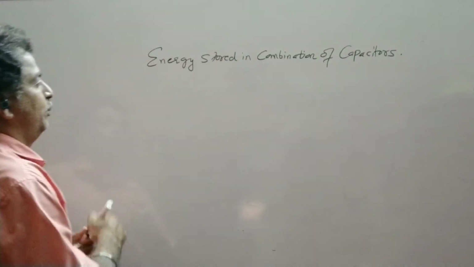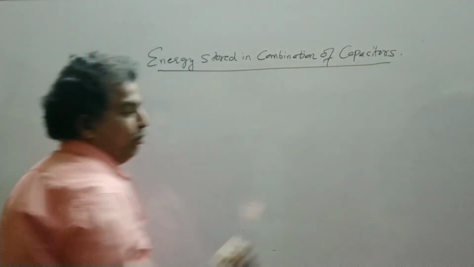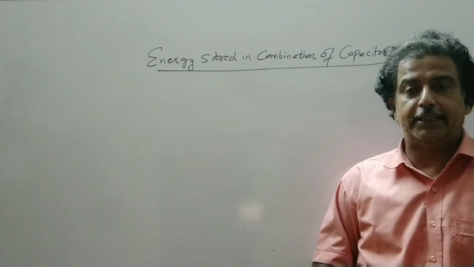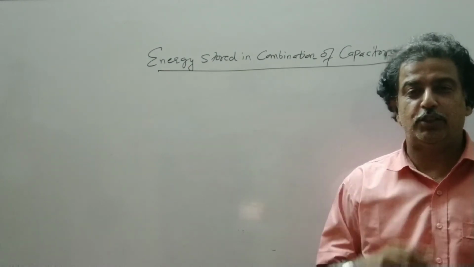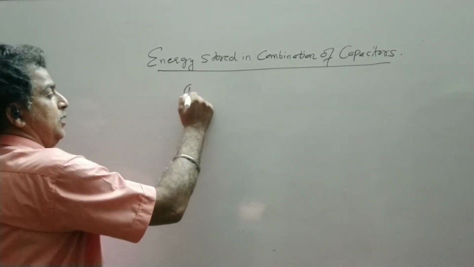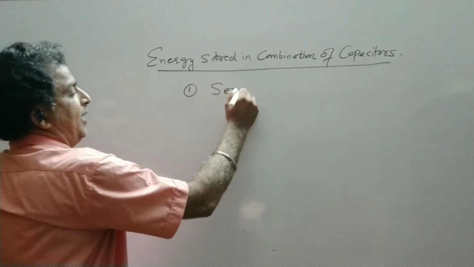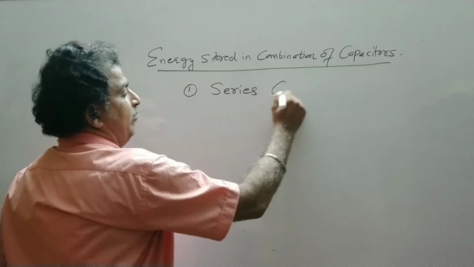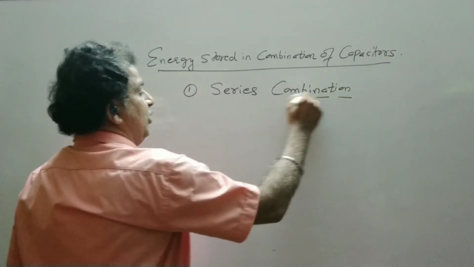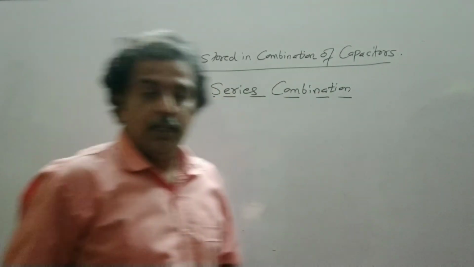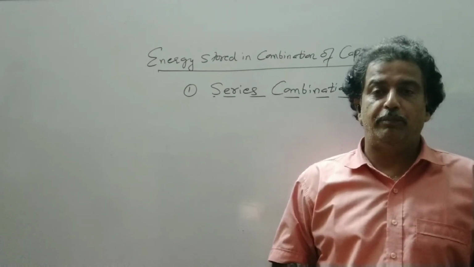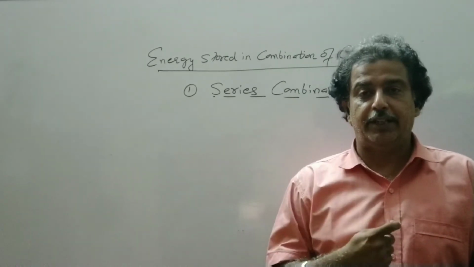Now again the subtopic, energy stored in combination of capacitors. We have seen that capacitors can be connected in two ways, the series combination and the parallel combination. So suppose the capacitors are connected in series. When we consider a series combination of capacitors, we know that the charge deposited on each capacitor is the same, but the potential difference is different.